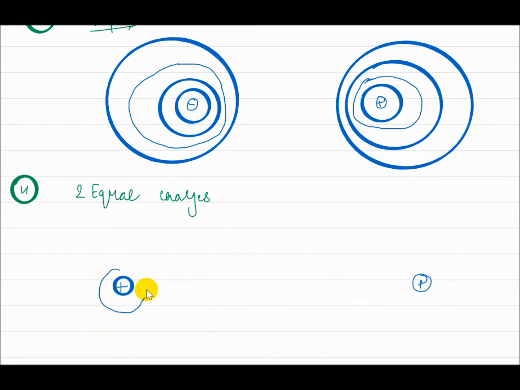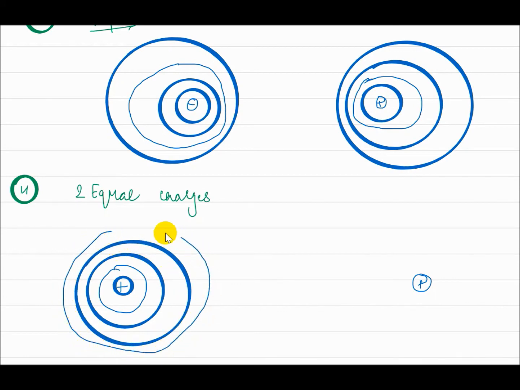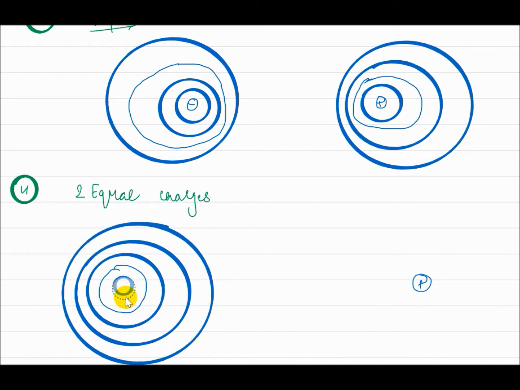So the equipotential surfaces also repel each other. Basically, the positive charge is here towards this side, and similarly here, they move away from each other.